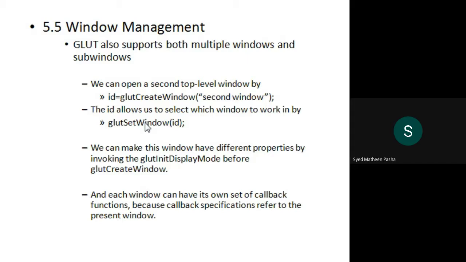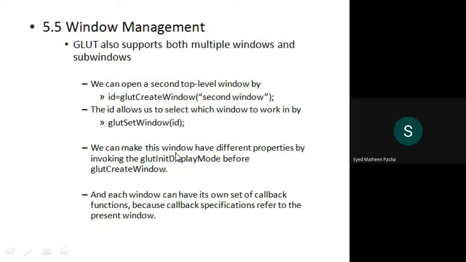If you want to create three display windows, you should set an id for the first window. For the second window you should also give a unique id. For the third window as well, you should give a unique id. With the help of this id, you can set which window to be displayed onto your screen. If you have already displayed one screen, that is one display onto the output device, now you have to display another window under this original window. By specifying the id of that particular display, you can display a number of windows onto your screen.